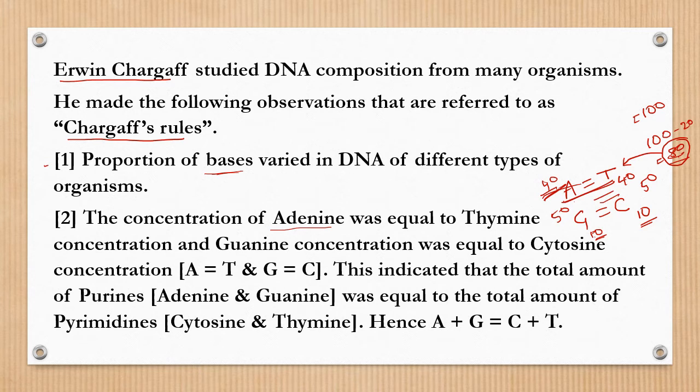That means A plus G, both purines, equals C plus T. Be careful: this point is very important in objective concepts, and based on this you will get some problems.